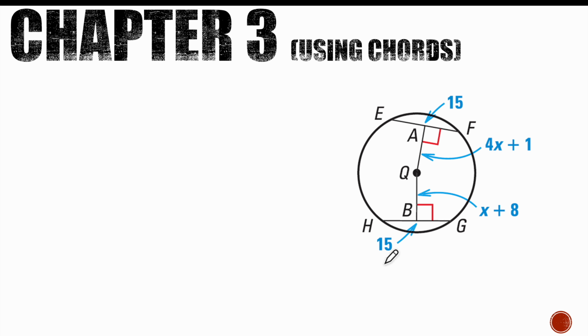Now, this question they are asking to solve. This is again a very easy question similar to the previous question. So here it is given that HG is congruent to EF because both of them are 15. This is also 15. This is also 15. So QA will be equal to QB. So 4x plus 1 will be equal to x plus 8. Okay, so find x.